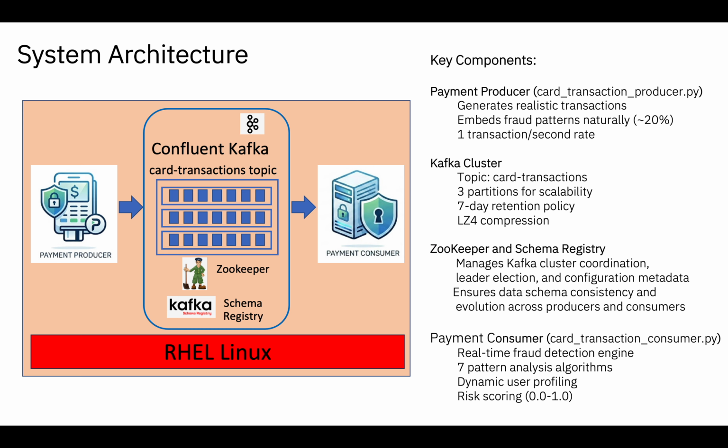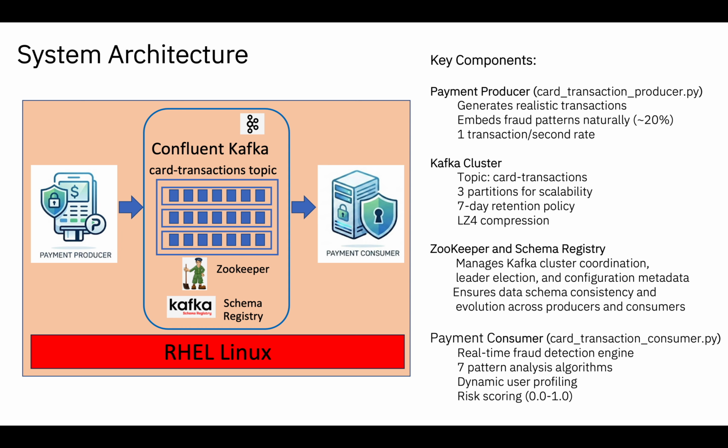This logic is developed with IBM Bob. And we have the Kafka cluster in between. We have built a topic called the credit card transaction topic, and we have Zookeeper as well, which is used to run this service. And then we have the payment consumer, which detects the real-time fraud happening.